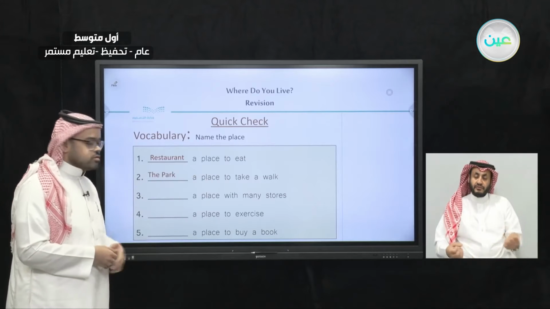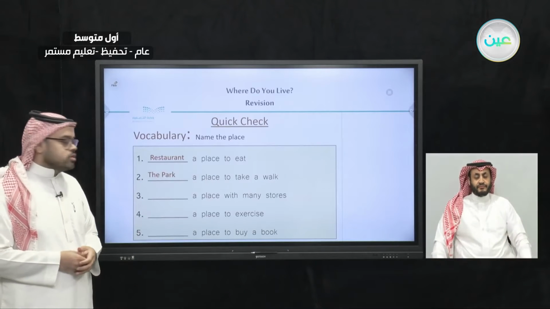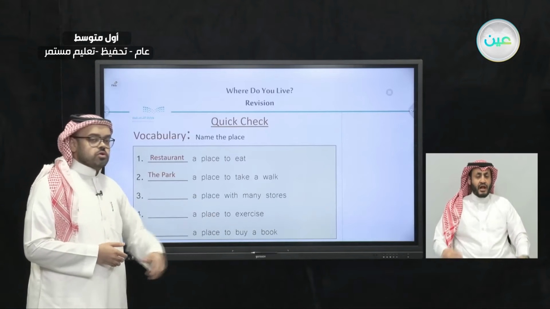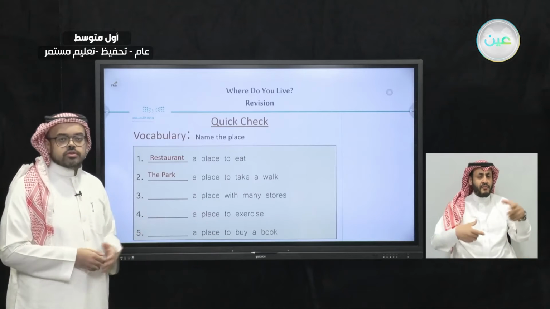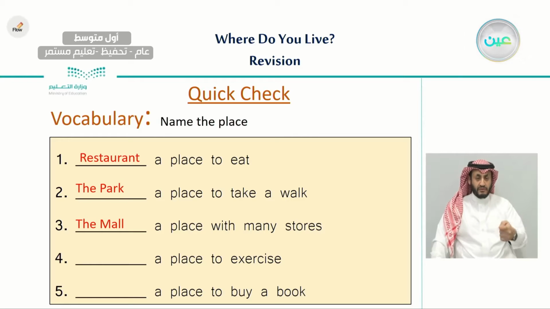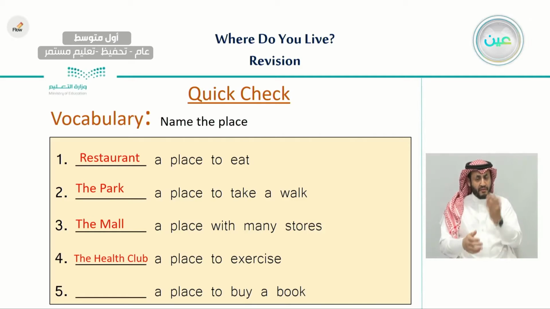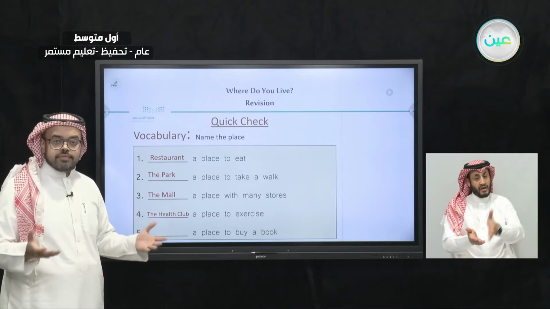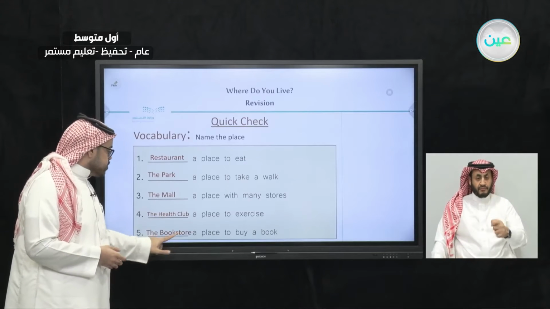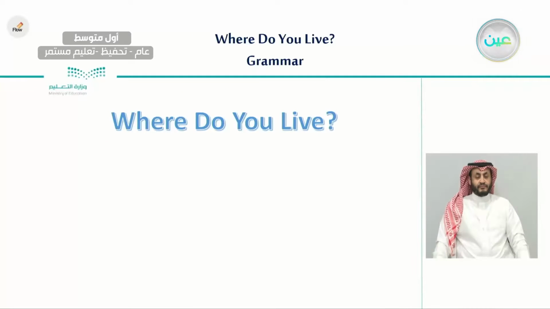Yes, it is the park. And what do we call a place that has many stores? Very good. Yes, it is the mall. And the place where we go to exercise? Excellent. It is the health club. And finally, what do we call the place that we should go to if we want to buy a book? Very good. Yes, it is the bookstore. So these are the places and their descriptions.